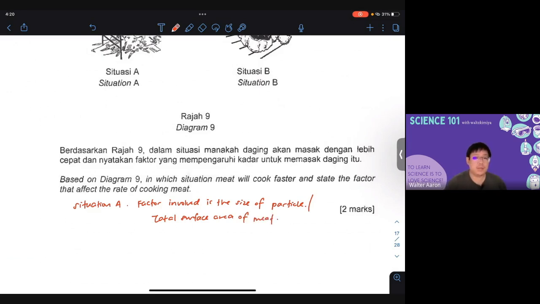Okay, size of particles, total surface area. Not particle because there's no particle there. I just say meat better. Okay, factor involved is the size of meat or total surface area of the meat exposed to the heat. All right, so that's the answer. All right, then 2 marks is given to you.